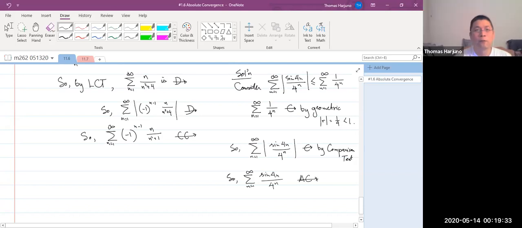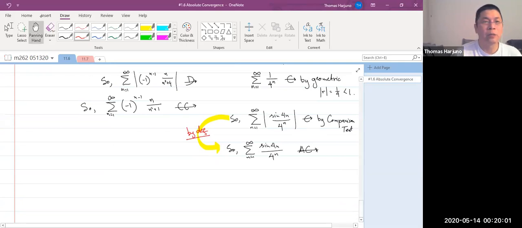Now, from here to here, it's really just by definition of absolute convergence. The definition of absolute convergence is if the series of the absolute value is convergent, then the series without the absolute value is absolutely convergent. This is just by definition, which we usually don't say anything about.